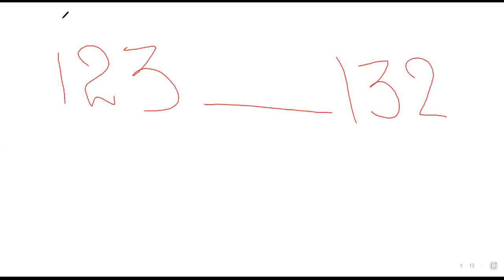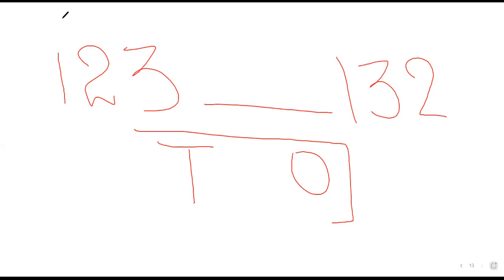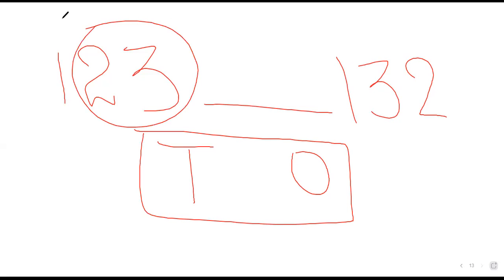For how many integers from 123 to 132 is the tens digit greater than the ones digit? Here we can say ones and tens. So you will have to compare these two last digits from this counting. So how many digits can you find?